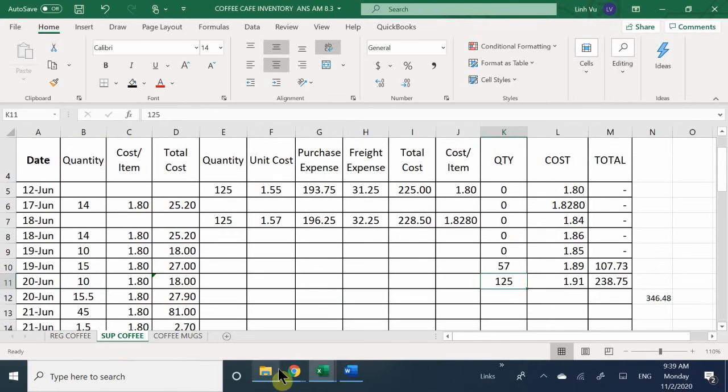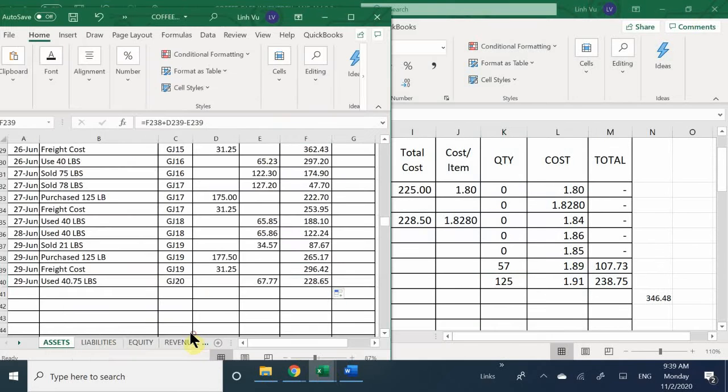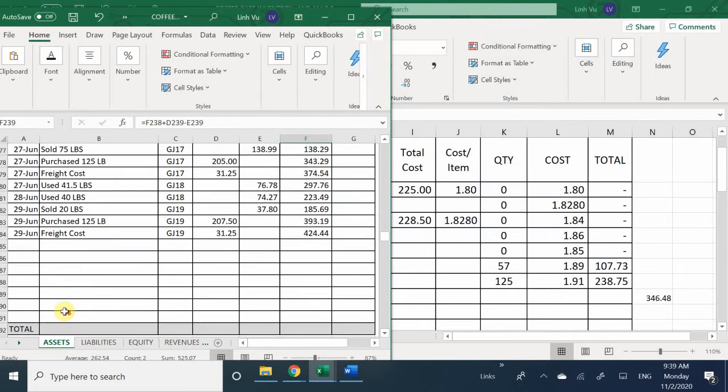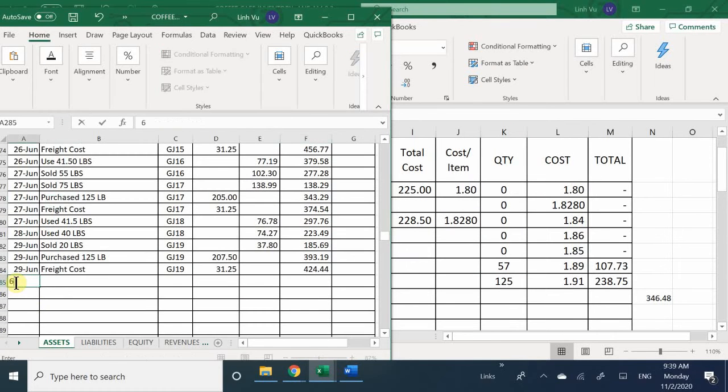Then we're going to go to the Supreme. Use 41.25. To GJ 20. And that was 77.96.